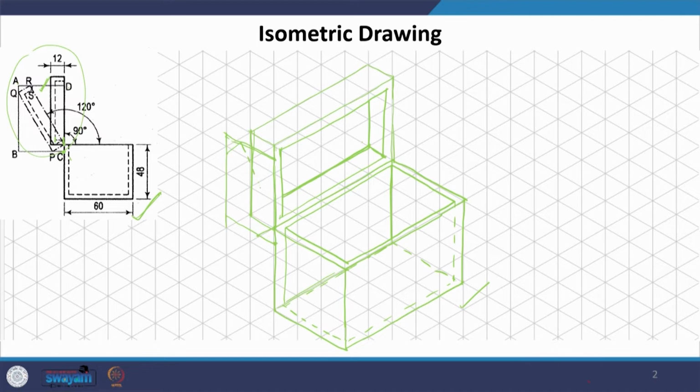So, we will be drawing only in dotted, because this is a position which it might take, but it is not actually the solid one. And exactly, since this line which is going perpendicular is going to remain parallel to this, we can directly draw it.